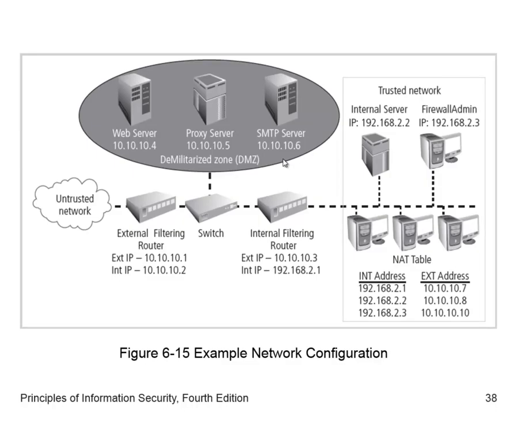This figure shows an example of a good network configuration, and as we can see here, we can see the area of the DMZ zone, which has the web server, the proxy server, and the SMTP server, which is the mail server. And then we have the external router for packet filtering and the internal router for packet filtering, and we have a switch in the middle that connects the external with the internal.